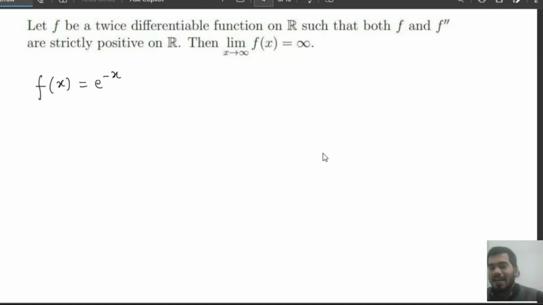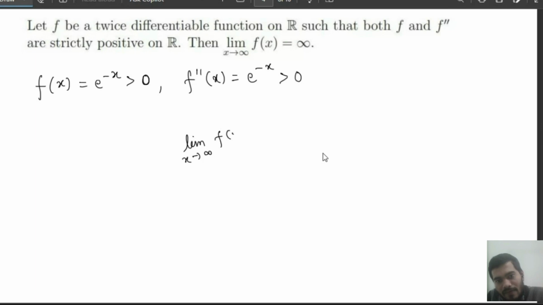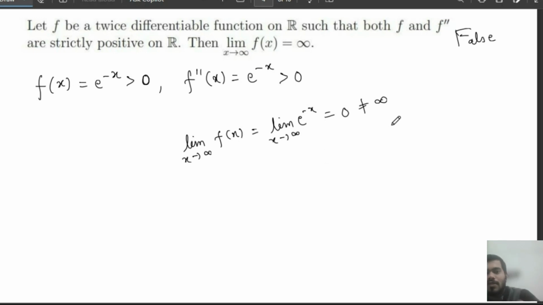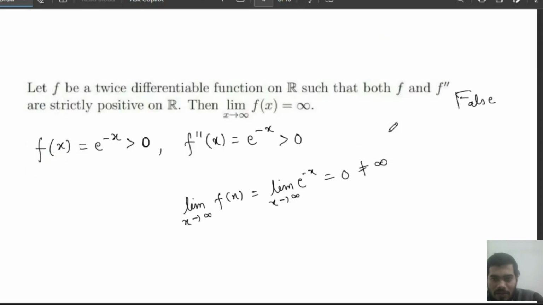But first, you should try counterexamples. f(x) equals e raised to minus x, and of course it is strictly greater than 0 on R. Now f double dash of x is again e raised to minus x, which is again strictly greater than 0. But the limit as x goes to infinity of f(x) is the limit of e raised to minus x, which is not equal to infinity, and hence the statement is false. All right. This was the simplest problem. You just have to think of a counterexample.